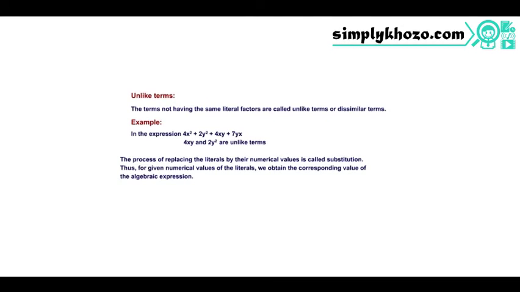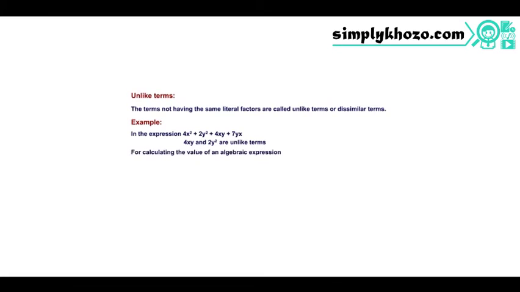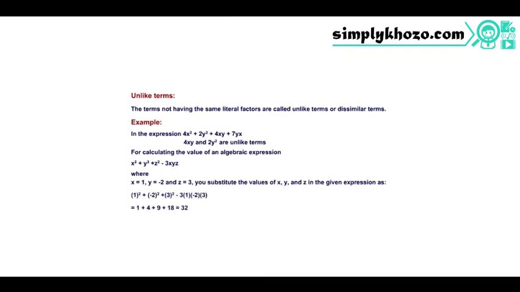Thus, for given numerical values of the literals, we obtain the corresponding value of the algebraic expression. For calculating the value of an algebraic expression, x square plus y square plus z square minus 3xyz, where x is equal to 1, y is equal to minus 2, and z is equal to 3, you substitute the values of x, y, and z in the given expression.